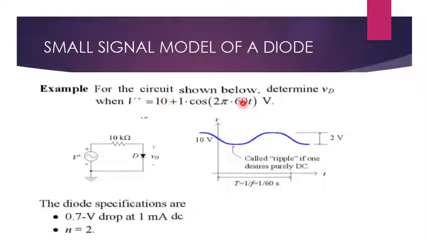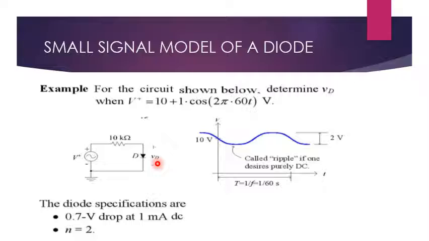For the circuit shown below, determine the VD when V is equal to 10 plus cos 2 pi 60t. Here they have given a circuit with the voltage source as plus and minus, and here it is 10 kilo ohms and here it is VD. They have given the diode specification also: 0.7 voltage drop at 1 milliamp DC, and the eta value they have given as 2.